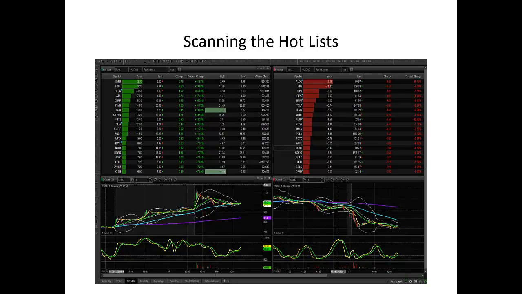So right after the 9:30 bell, you can always pull up the hot list and select the percentage or point gainers for NASDAQ or U.S. equities in general. And that'll give you plenty of opportunities and candidates to stalk, track, and look for opportunities.